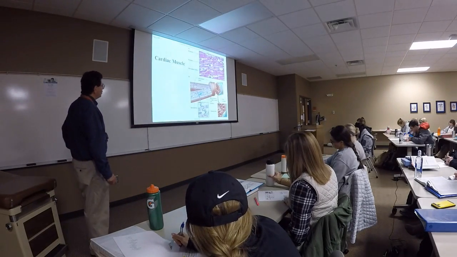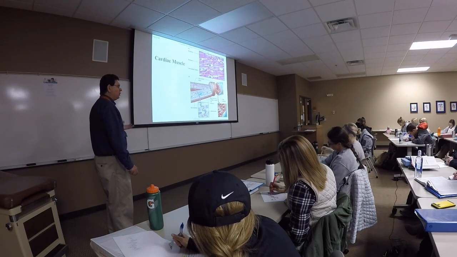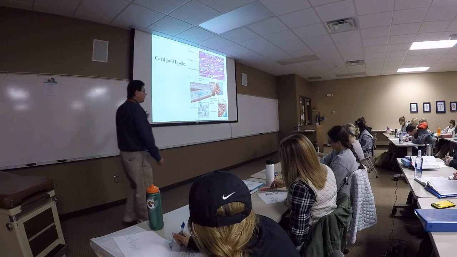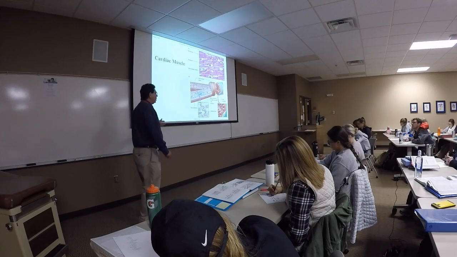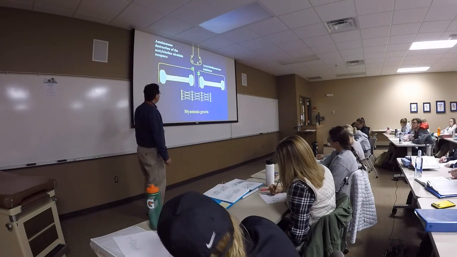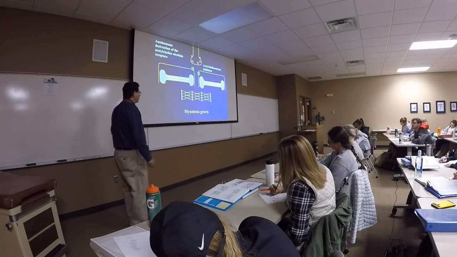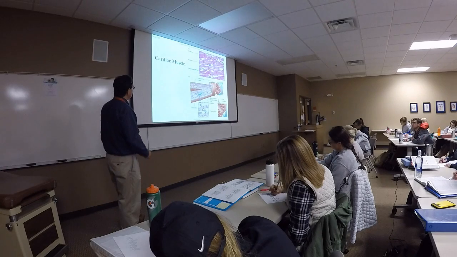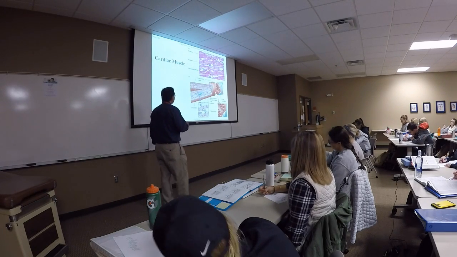Okay, cardiac muscle. There are a lot of things similar with skeletal muscle, but it also shares characteristics with smooth muscle. So skeletal muscle is multinucleated, while cardiac muscle just has one nucleus for each muscle cell.